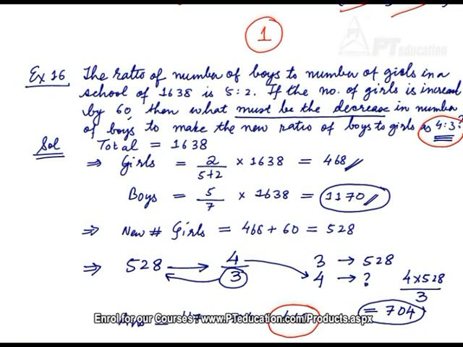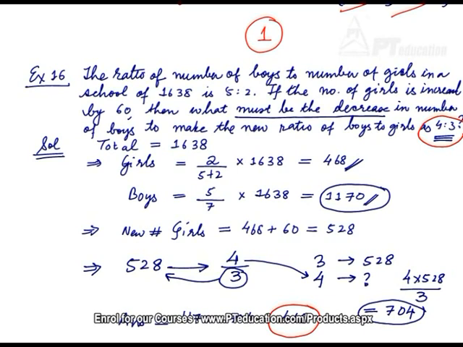That means when the ratio is 4:3, 3 is equal to 528. So what will 4 be equal to? When 3 corresponds to 528, 4 will correspond to how much? This will give us the final number of boys in the school.